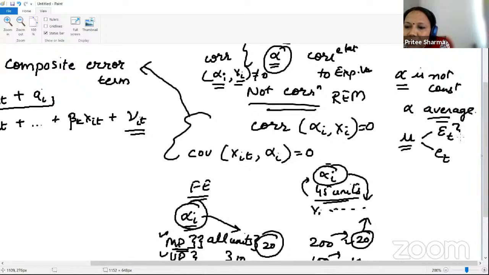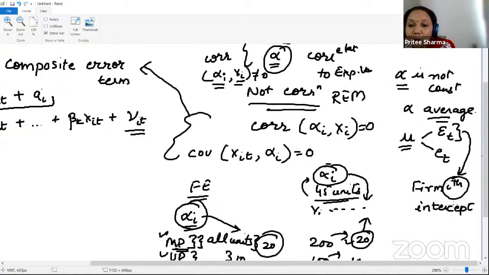This component is going to be the particular firm, that is the ith firm's intercept component which has gone in the error term, plus this average alpha.